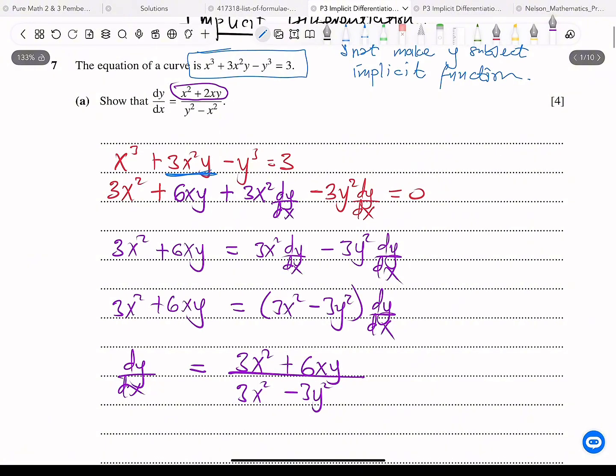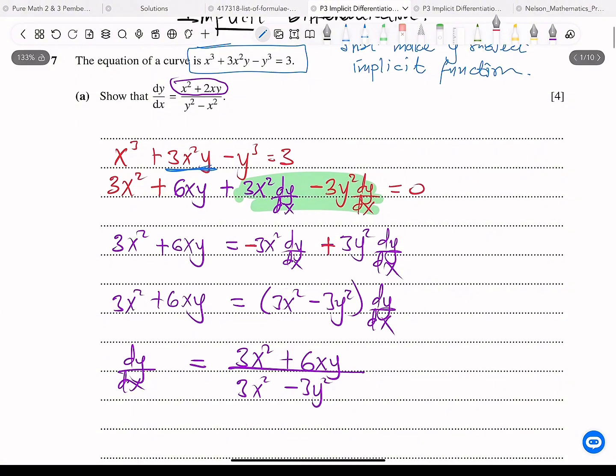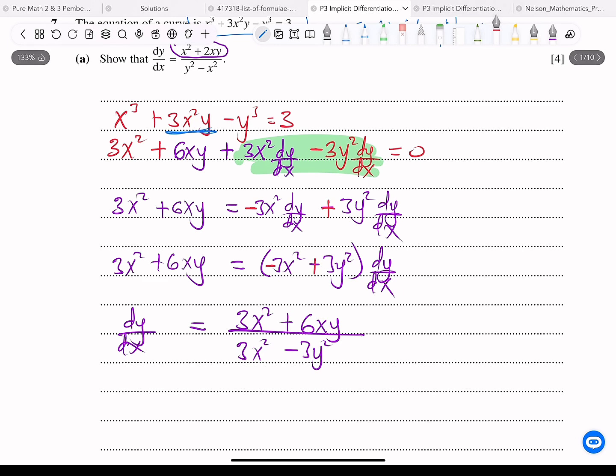Oh, okay. Actually, this is a mistake, a huge mistake I made. When we move these things to the right hand side, this is supposed to be negative, this is supposed to be positive. So this is negative, this is positive. Therefore, let me write it this way, 3y squared minus 3x squared.